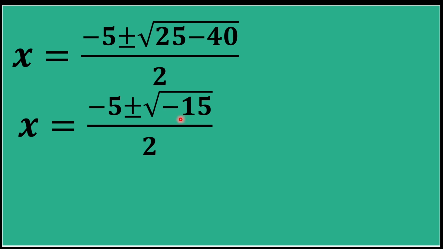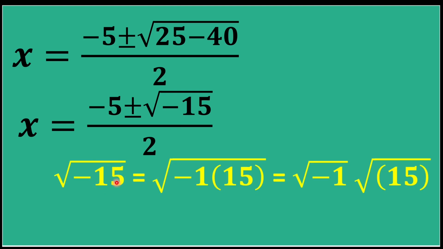Now look at this minus 15. We can write this minus 15 as like this, and similarly we can write this. Why? Because according to mathematics rules, if you have a term under square root, you can write these two values separately, each under the square root.